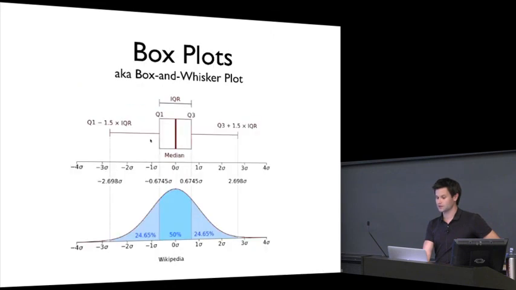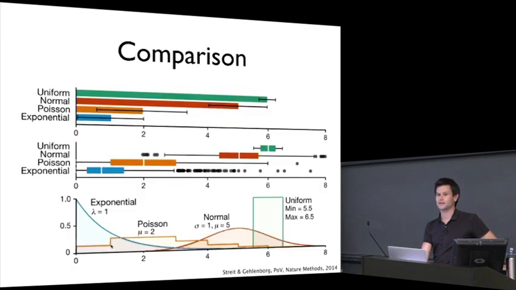So Q1 minus 1.5 multiplied by IQR, so this 99.3%. And the reason for this is because you can show the outliers then with little dots. Yeah? And it tells you more about your data set. Yeah? And it's more effective to actually convey more information in this plot.